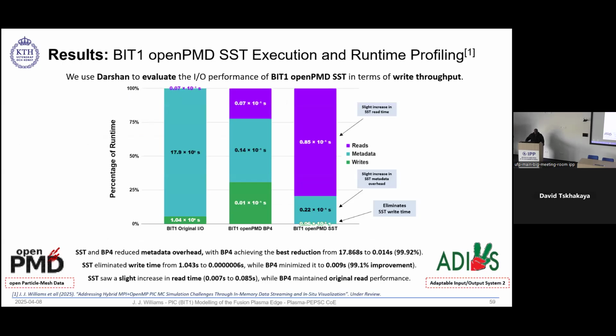Darshan, well, we saw straight away that we need to compare the BP4 and the SST. Wow, we literally removed write completely, from 1.04 seconds all the way to 0.000. So many zeros. We completely removed the write. Well, that's expected because we're streaming through memory, right?